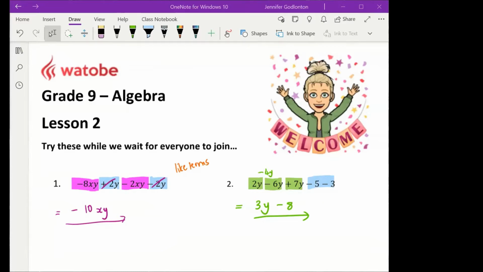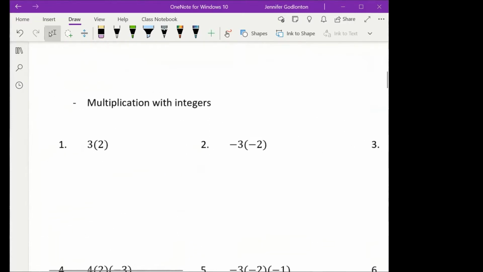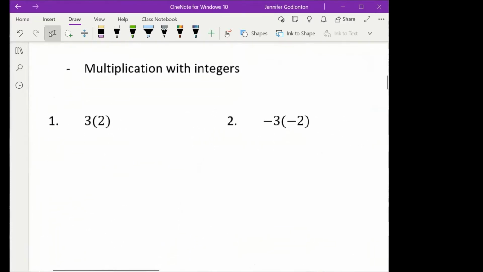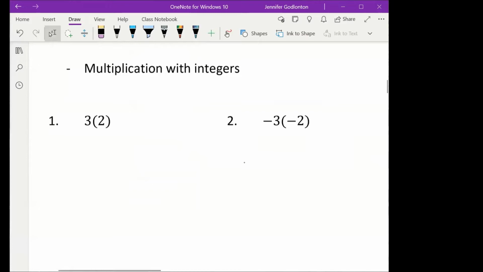Let's jump on. We're going to be looking at multiplication today. Before we jump into multiplication with algebra, I just want to make sure we're all on the same page when we have negatives and positives getting involved with multiplication. So let's have a look here. Multiplication with integers.